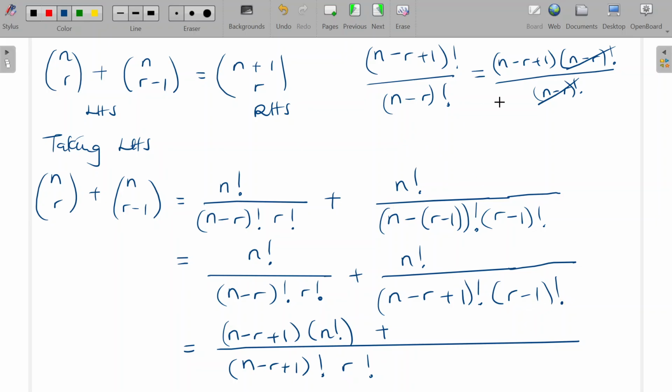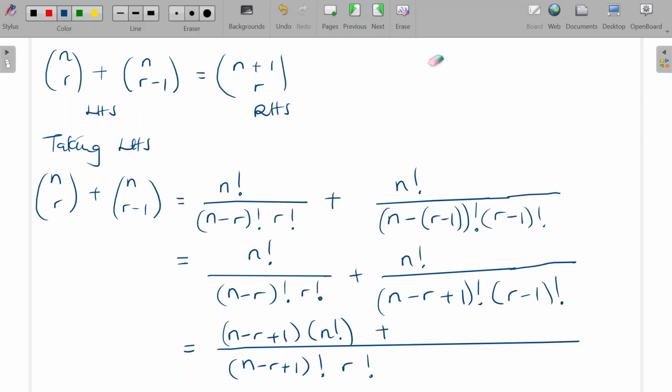So what I did here is what I'm going to do again for the other part. You become good when you just practice more, such that you won't even be doing these things I'm doing here. Since this one and this one have cancelled, I'm remaining with r factorial dividing with the r minus 1 factorial, which will be equivalent to r times r minus 1 factorial over r minus 1 factorial.